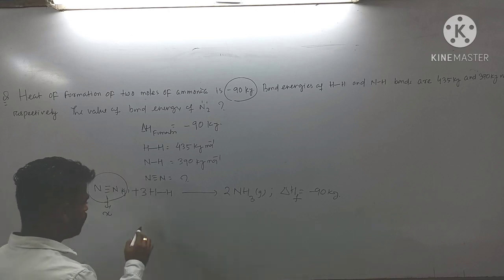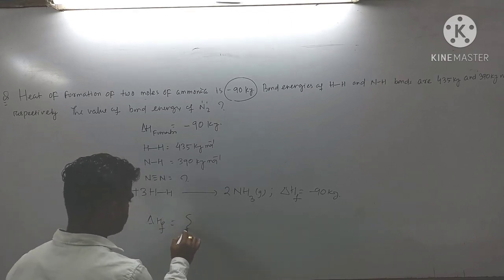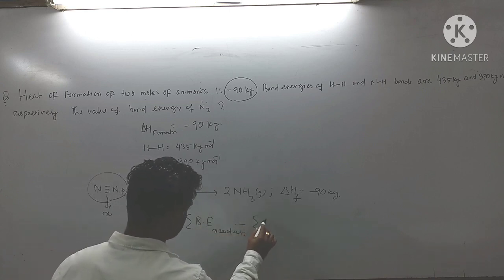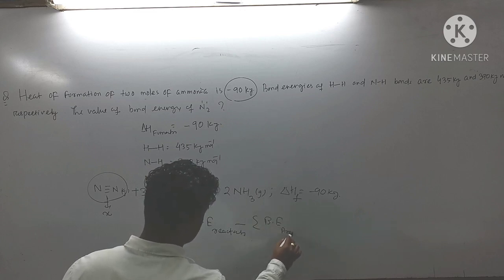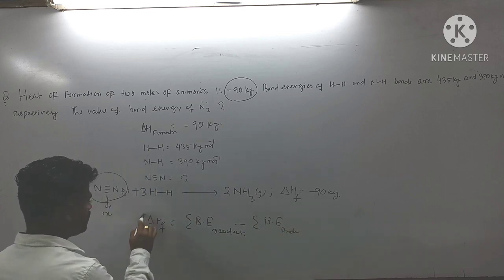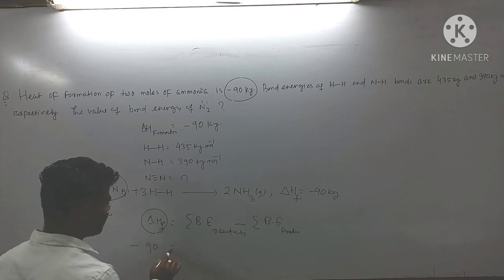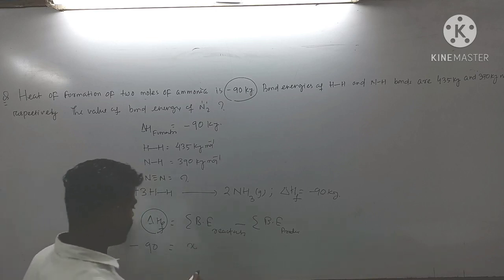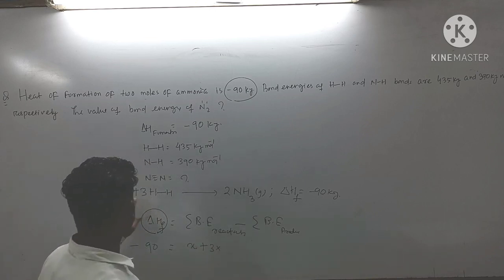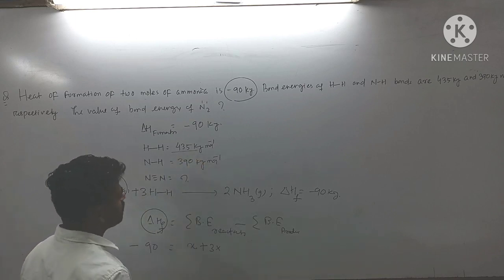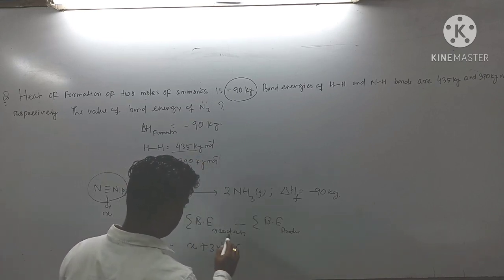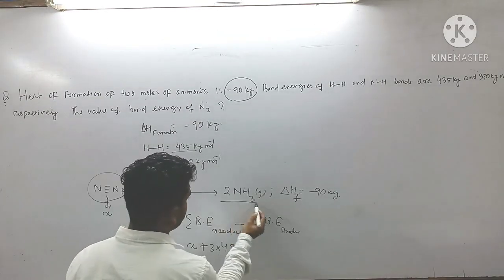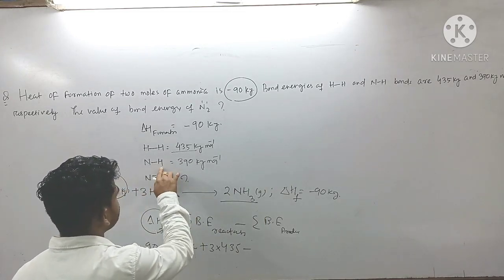We know this del HF is summation of bond energy of reactants minus summation of bond energy of products. So del HF, that is minus 90, will be equal to bond energy of reactant, that will be X, plus 3 into, for one hydrogen bond dissociation enthalpy is 435, minus bond energy of products. In products that is 2 NH3, each NH having 390.